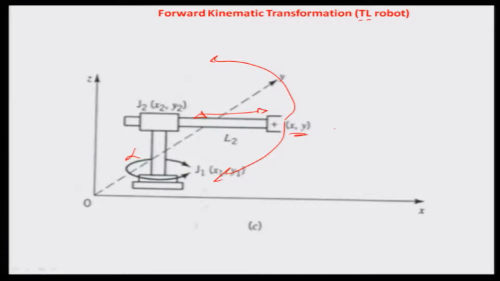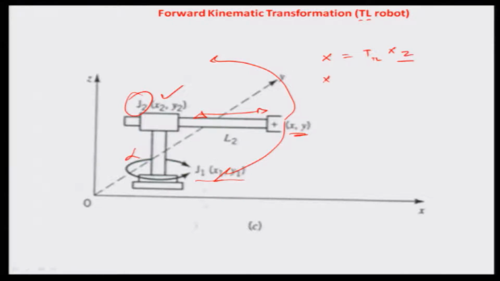And here also, if I look at the transformation equations, the x would be the transformation for the TL configuration times x2, where this x2, y2 is the location coordinate of the joint J2. The base here in this case is the joint J1, which is the first joint performing this twisting rotation.